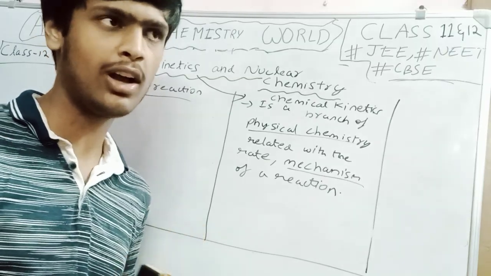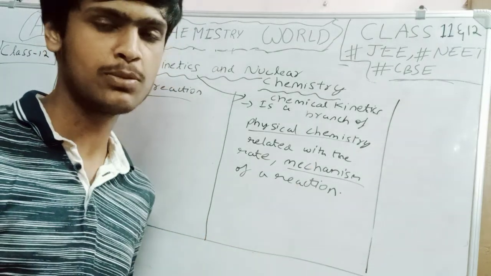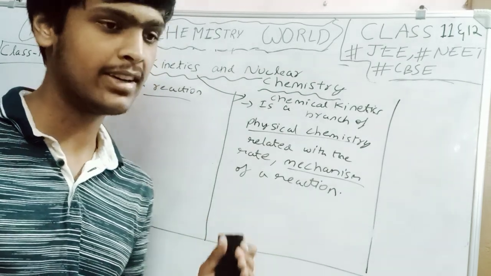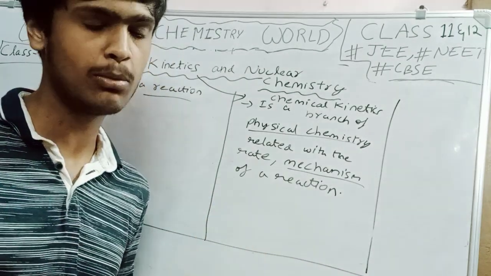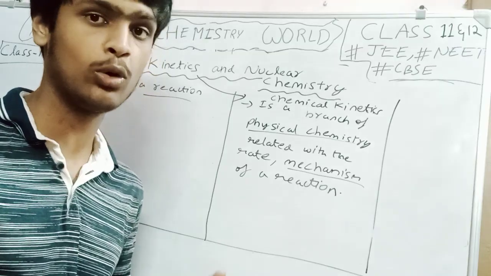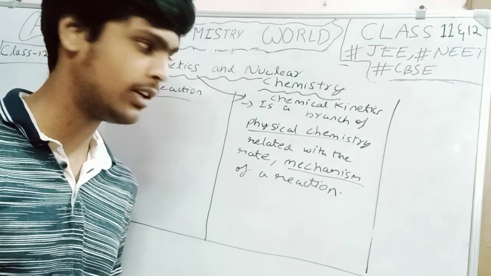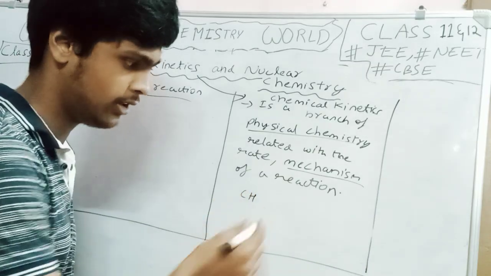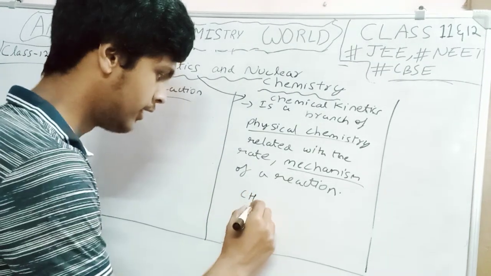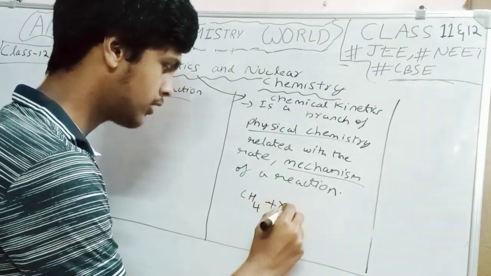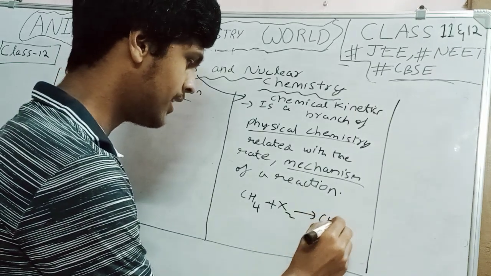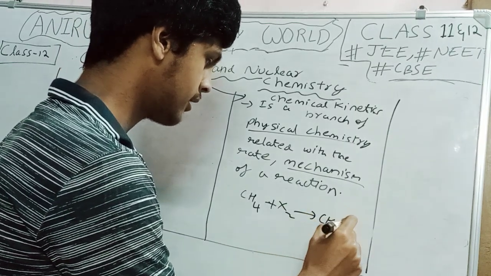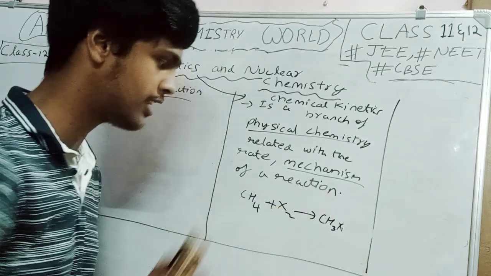You might have heard about mechanism in organic chemistry, where you see the mechanism of different types of reactions like chlorination and bromination. I think you saw this reaction in your 11th grade: CH4 plus X2 gives CH3X.